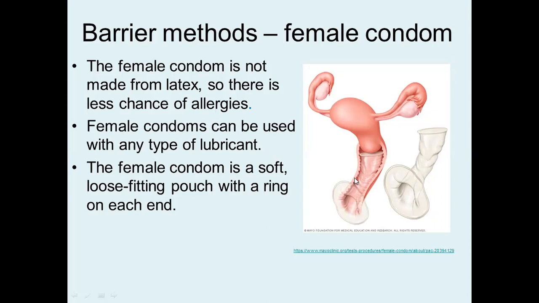And if you look at where it's situated within the vagina, what you can see is this top ring actually has to go all the way up the vagina, and it holds around the cervix at the top. And then the bottom ring remains on the outside of the vagina. So it overlaps the external lips of the vaginal opening.